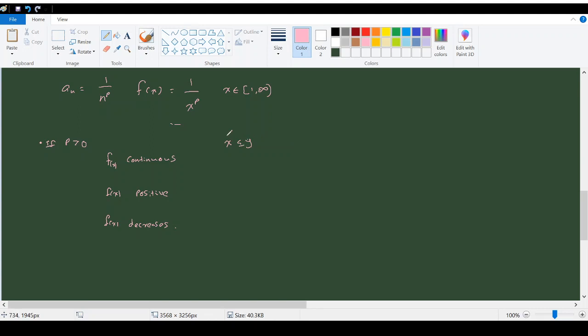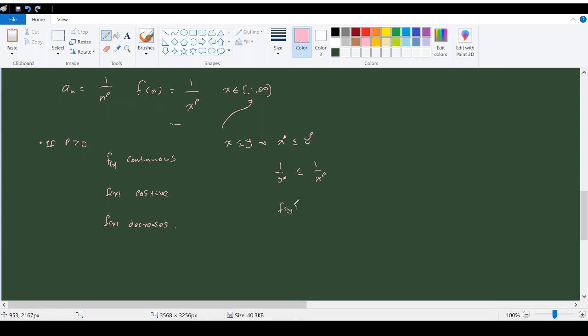So if we have two positive numbers, because we are choosing the numbers from this domain, then x to the power p is greater than or equal to y to the power p. So 1 over y to the power p will be less than or equal to 1 over x to the power p.